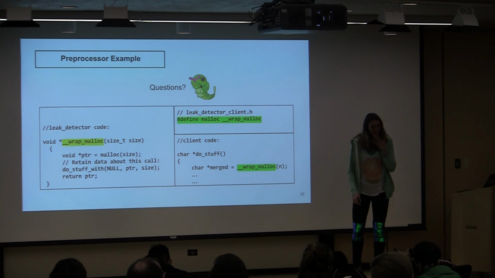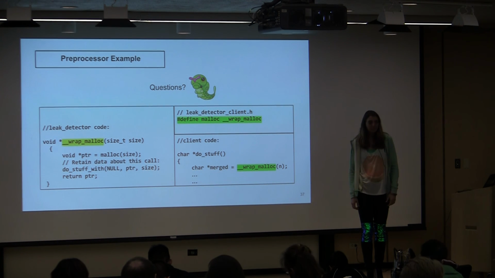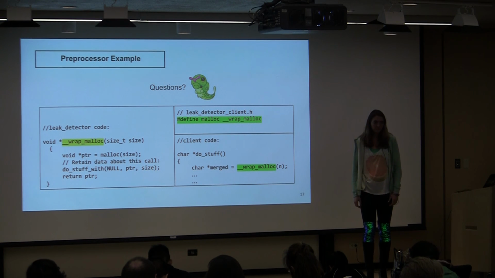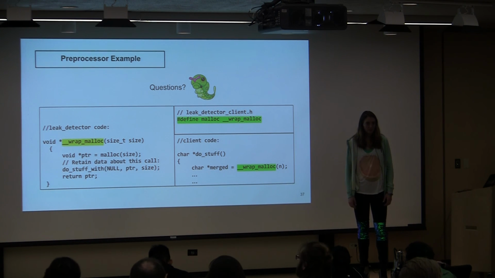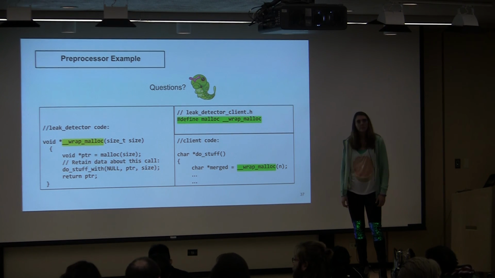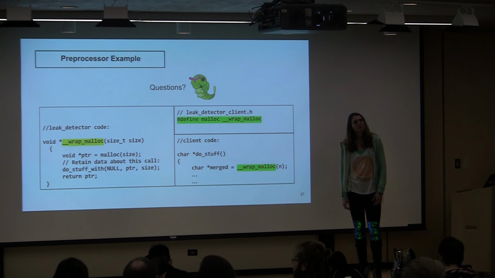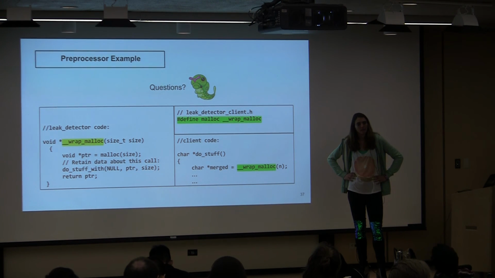Was there a question over there? Yes. I guess the reason why it doesn't recursively crash is because the pound define is only within the client.h file. Yes. I thought that pound defines existed across files, like if at the top of one file you define a constant, define index, let's say, and I can use that in my other file.